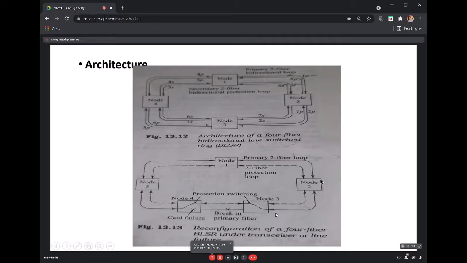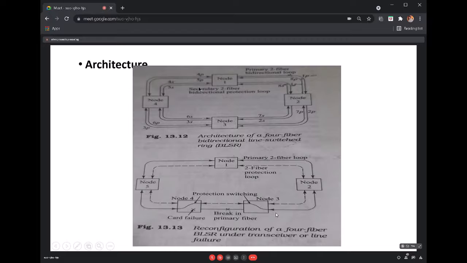So here you can see the architecture. The top one shows you BLSR, bidirectional line switch ring. Before this, I'll just tell you a simple four-node network. There is a primary path.